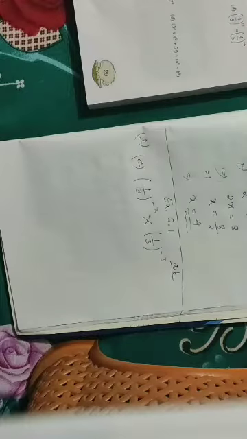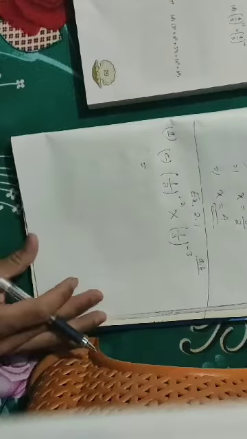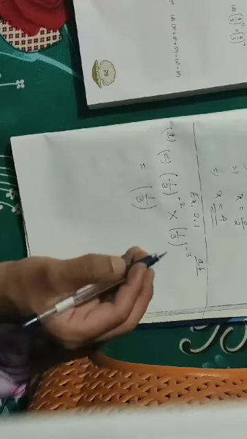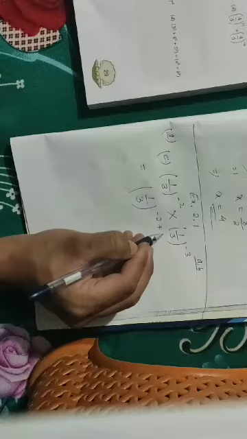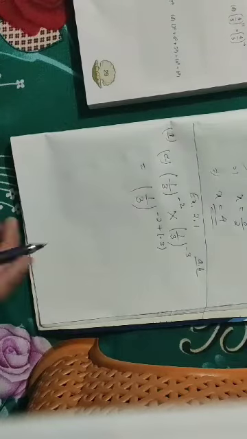The bases are the same, 1 by 3 and 1 by 3, and we are multiplying. So the base will remain the same and the powers will be added. So minus 2 plus minus 3.